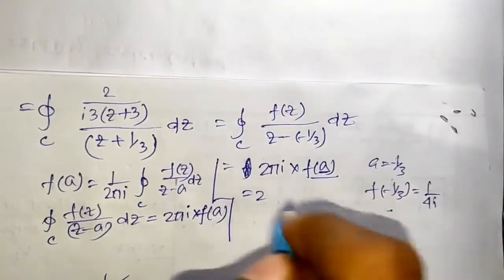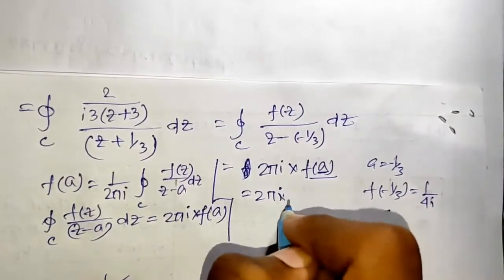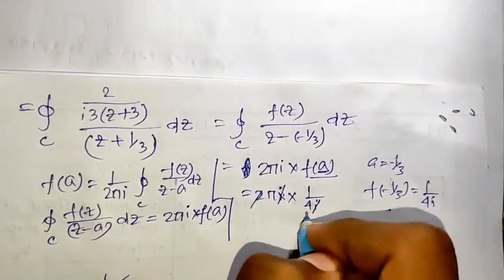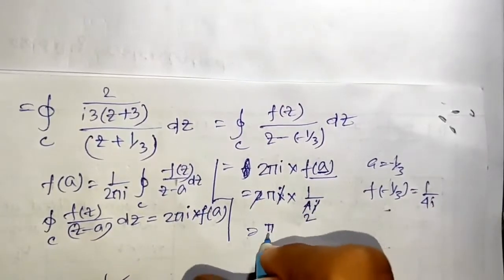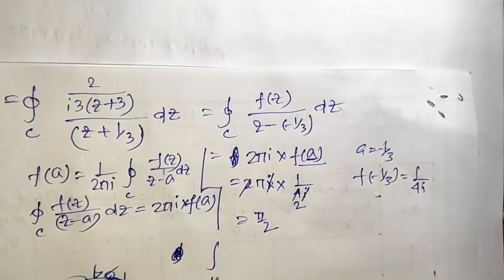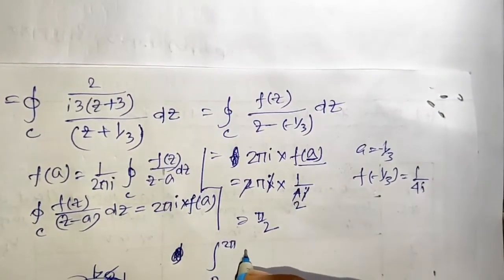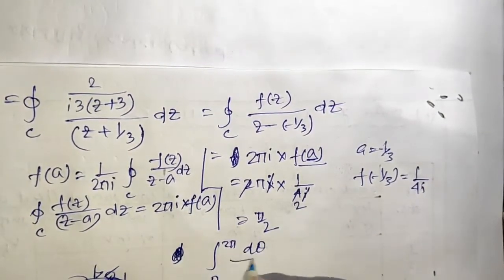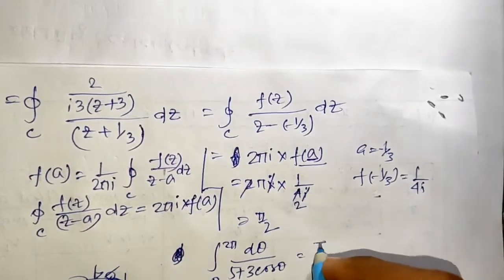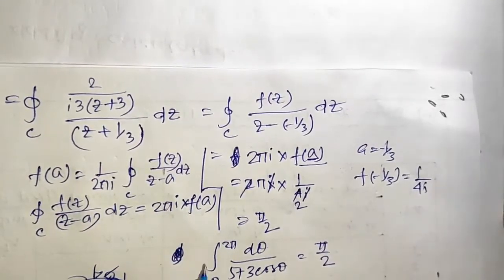So 2πi into 1 upon 4i, i cancels. This is π by 2. So the integral from 0 to 2π of 1 upon (5 plus 3 cos θ) dθ is π by 2. And this is the answer.